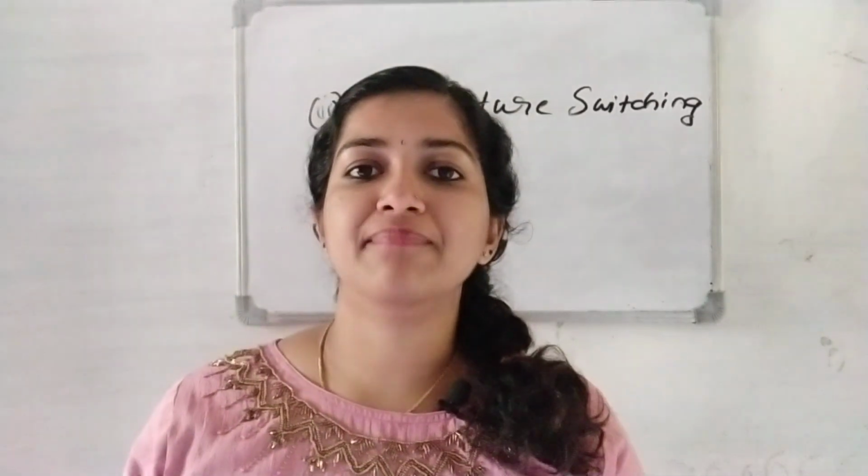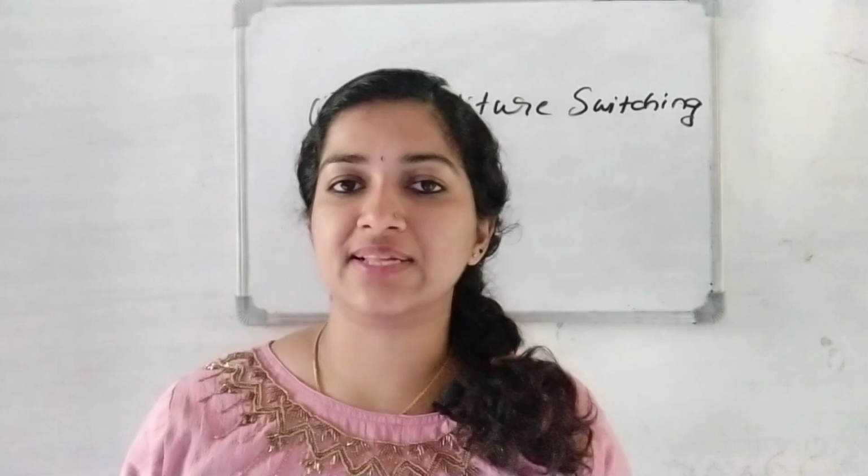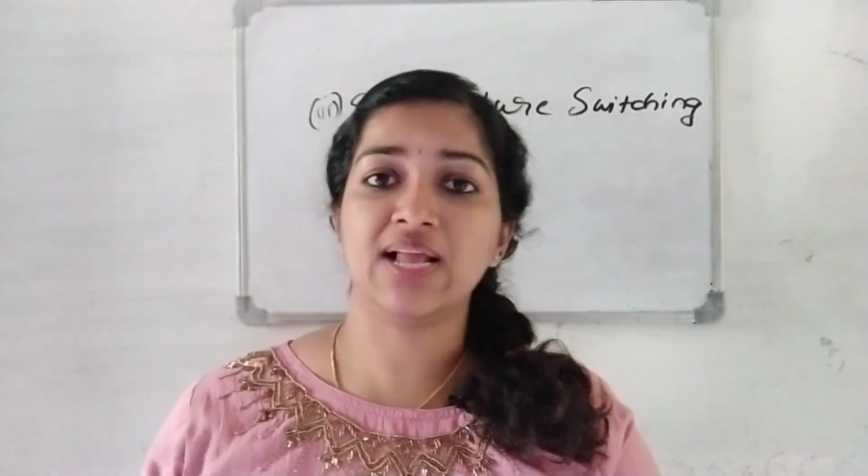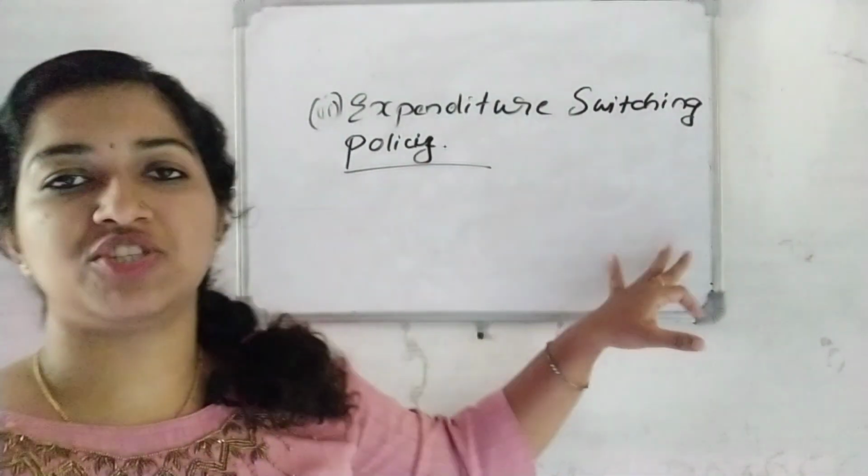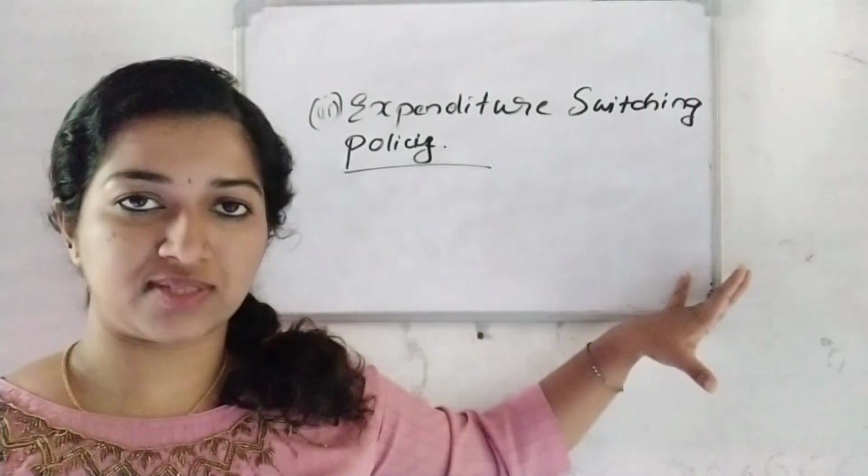Now coming to the second method of correcting balance of payments disequilibrium under the traditional approach, it is the expenditure switching policy.